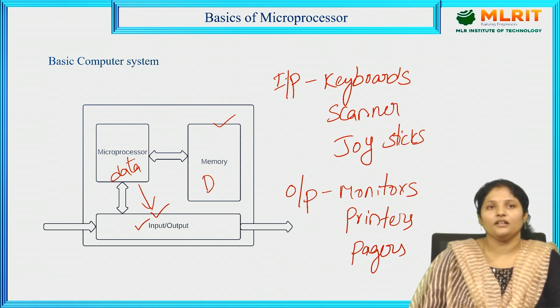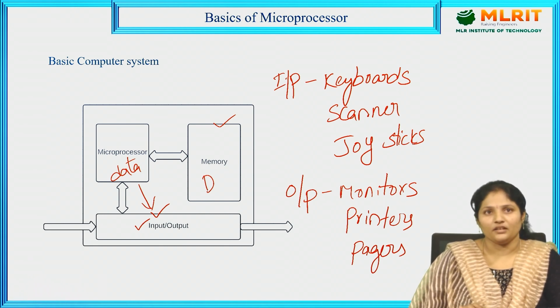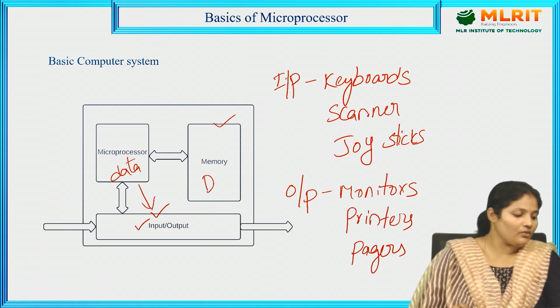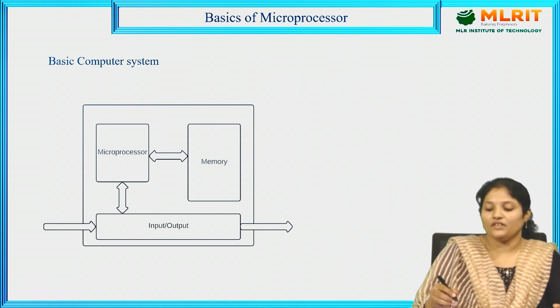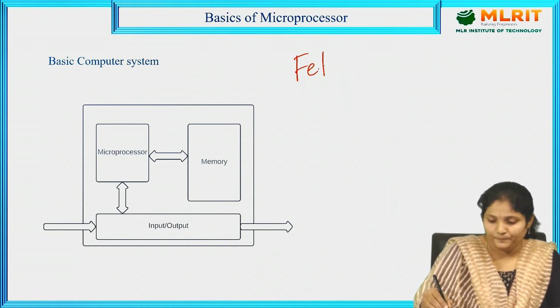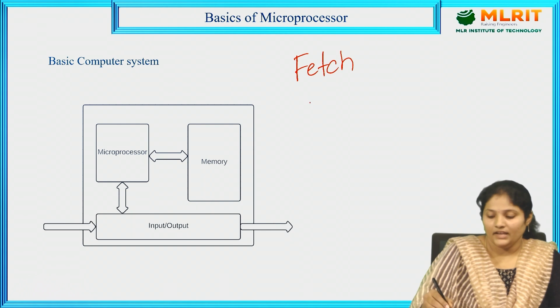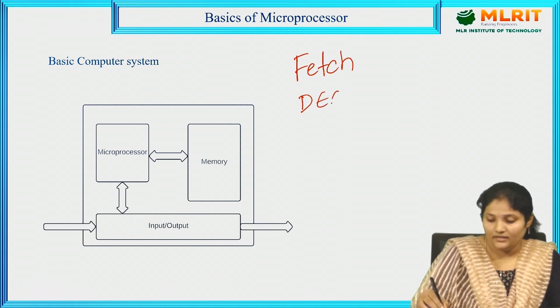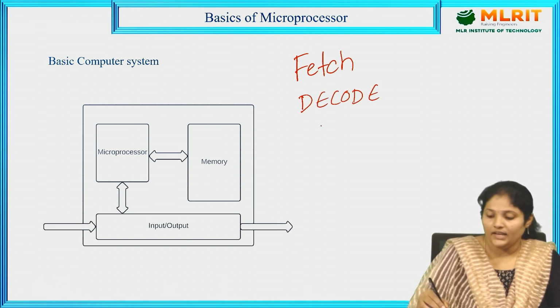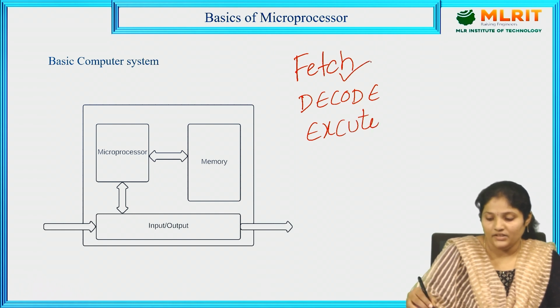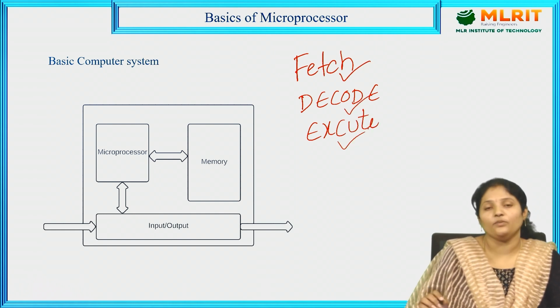So this is the process of a microprocessor. How will it execute the instruction? First, it will fetch the data. Second, it will decode the data. And third, it will execute the data.